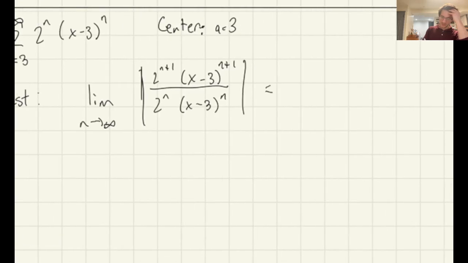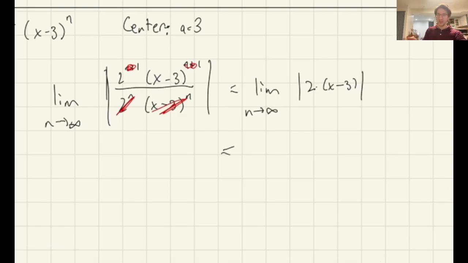Lots of cancellation. Leaving me with the limit as n goes to infinity of the absolute value of 2 to the first times x minus 3, which is just, there's no n's here, right? So when I take the limit, I get 2 times the absolute value of x minus 3.